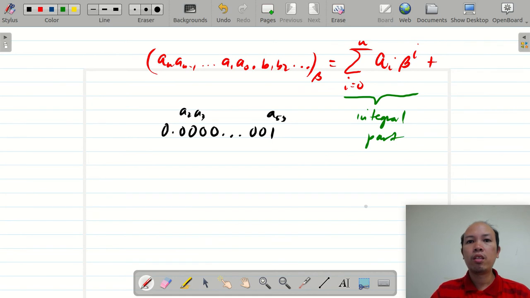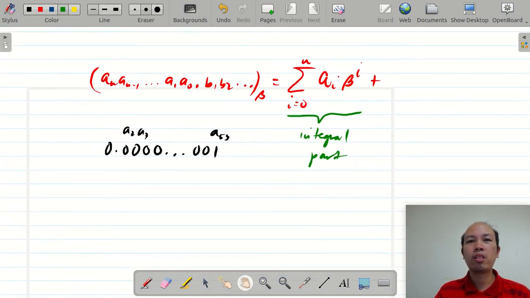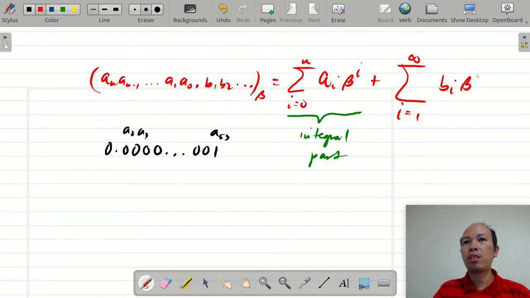Okay, for the fractional part, I don't know if you remember, we have b sub i, i from 1 to infinity, times beta to the negative i. So as you can see here, the integral part is this one.